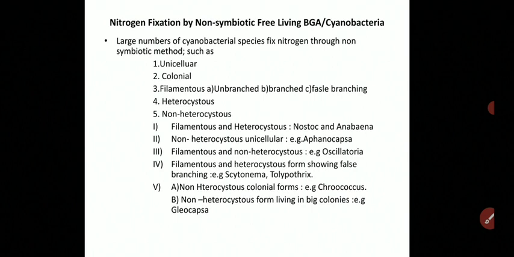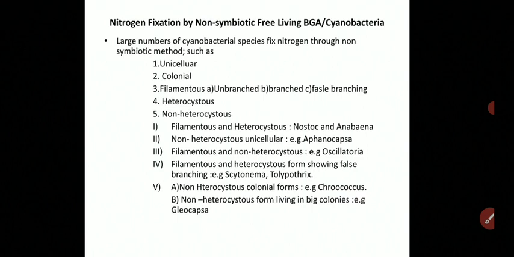Fourth, filamentous and heterocystous forms showing false branching. These examples are Scytonema and Tolypothrix. Fifth, non-heterocystous colonial forms, that is Gloeocapsa.